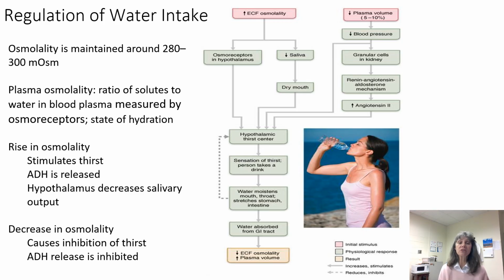That's going to stimulate thirst. It's also going to cause the neurohypophysis to release antidiuretic hormone, and the hypothalamus will also decrease salivary output. A decrease in osmolality will cause inhibition of thirst and will cause the release of antidiuretic hormone from the neurohypophysis. So those are mechanisms that help us regulate how much water we take in.